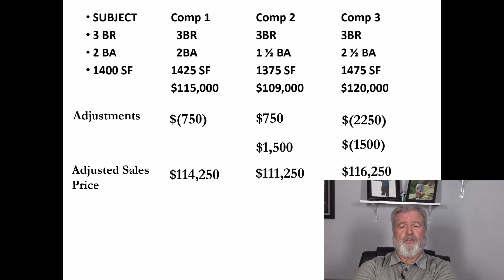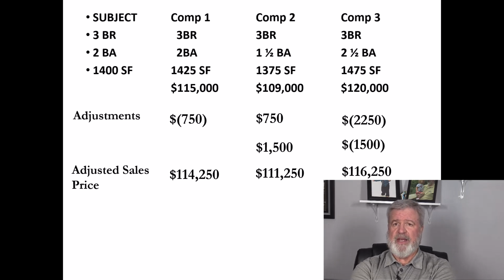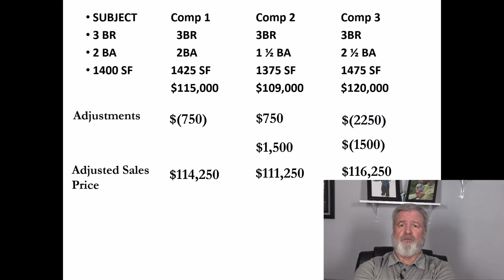Right? So I'm not telling you all that stuff to scare you, but I am telling you, again, there is no room for guessing, estimating, or guesstimating when it comes to doing your market analysis. If you've got good comps that require very little adjustments, condition is relatively the same, there's no reason you shouldn't be able to do this.